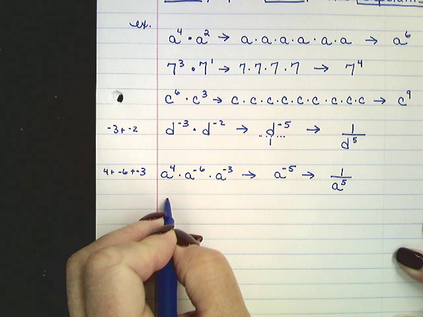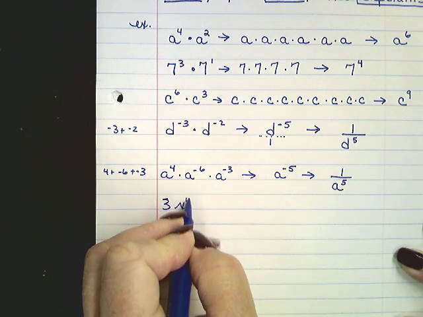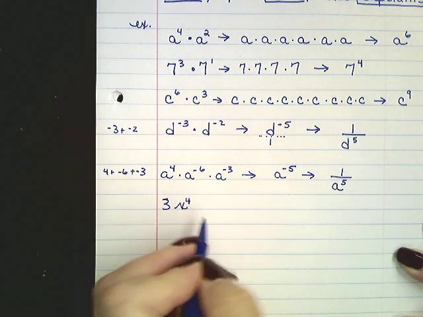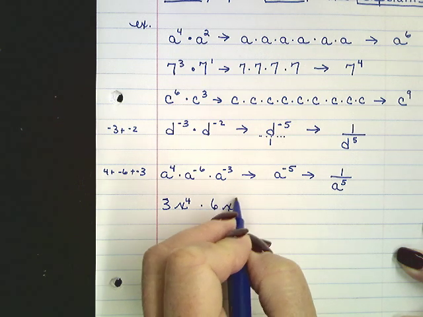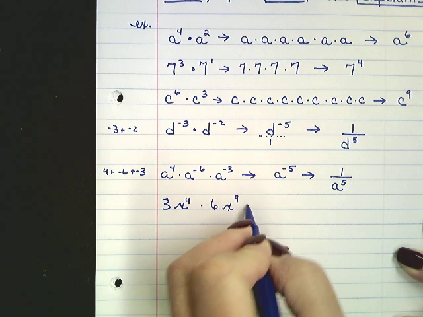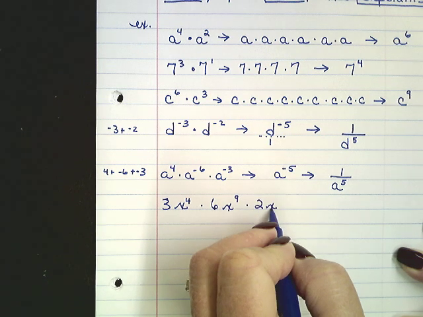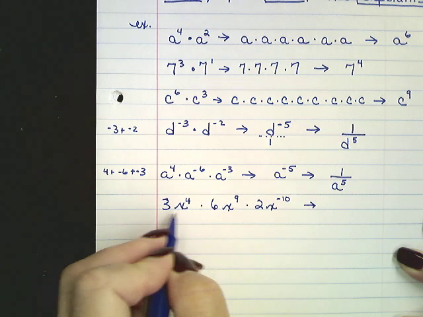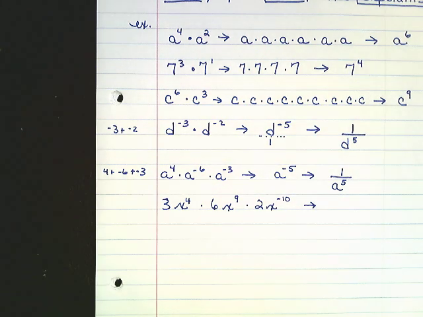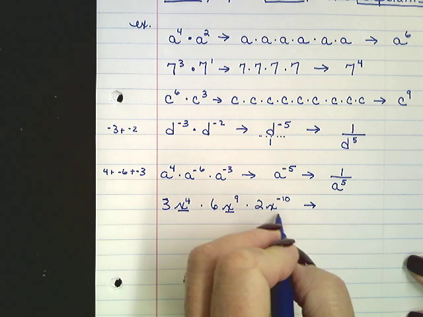Okay, let's try one. They're going to get a little more detailed as we go along. So we're going to do 3x to the 4th times 6x to the 9th times 2x to the negative 10. All right, so the first thing we do is recognize that the base is the same. The base is the same.